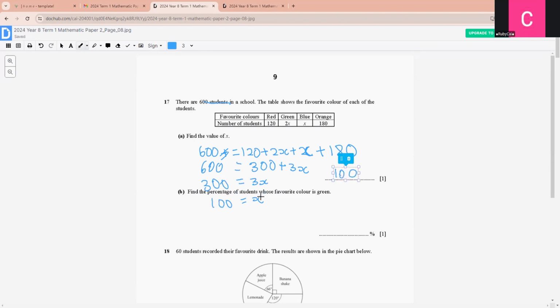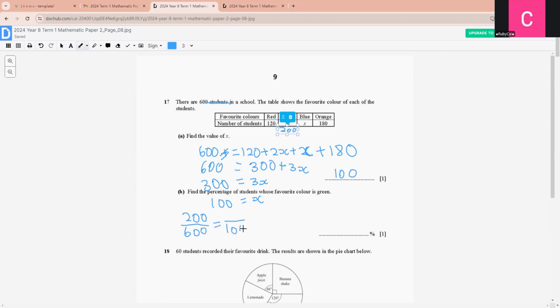Next question, find the percentage of students whose favorite color is green. So we already know that x is 100. So the number of students who like green are 200. So now we're finding the percentage. So 200 students like green, and there are 600 students in total.